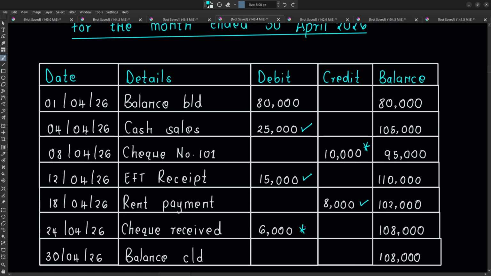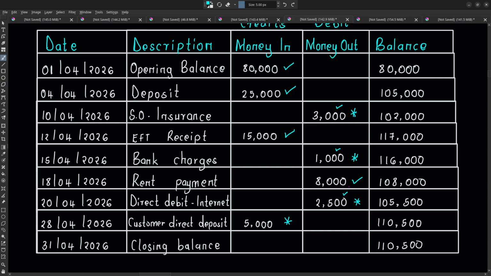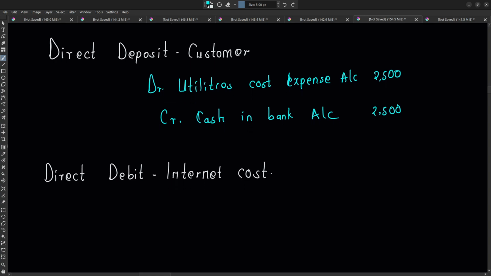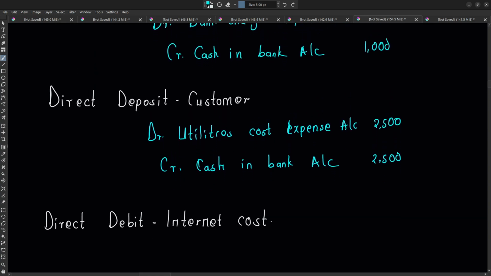What else do we have in our bank? We have a customer direct deposit of 5,000. Okay, so we investigate. What is this? Sorry, I recorded it in the wrong place, this is for direct debit internet cost.